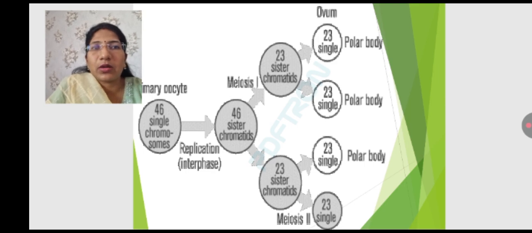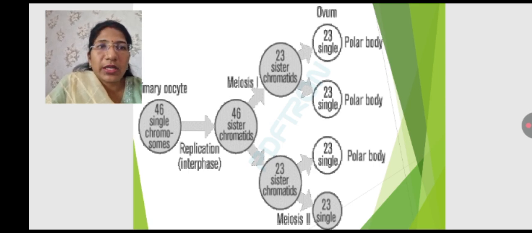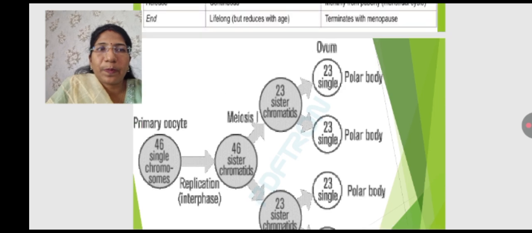So they can be divided into two daughter cells of sister chromatids, that means 23 sister chromatids. Then these meiosis first and meiosis second divisions give a single ovum, that means 23 chromosomes, and three polar bodies.